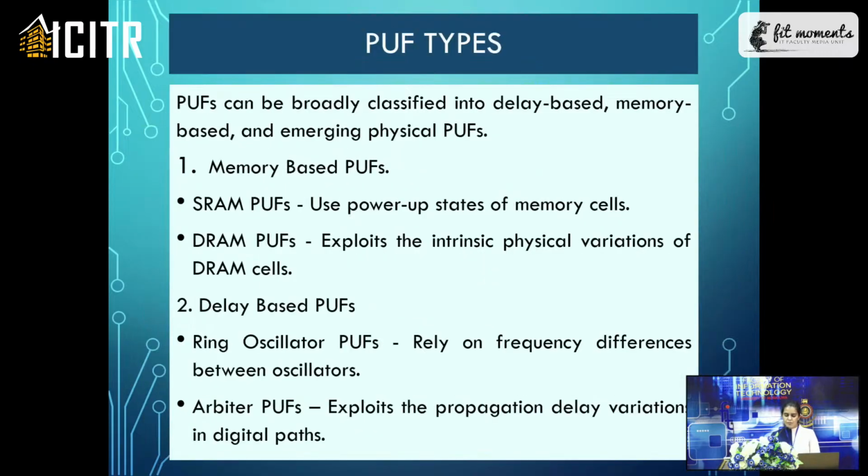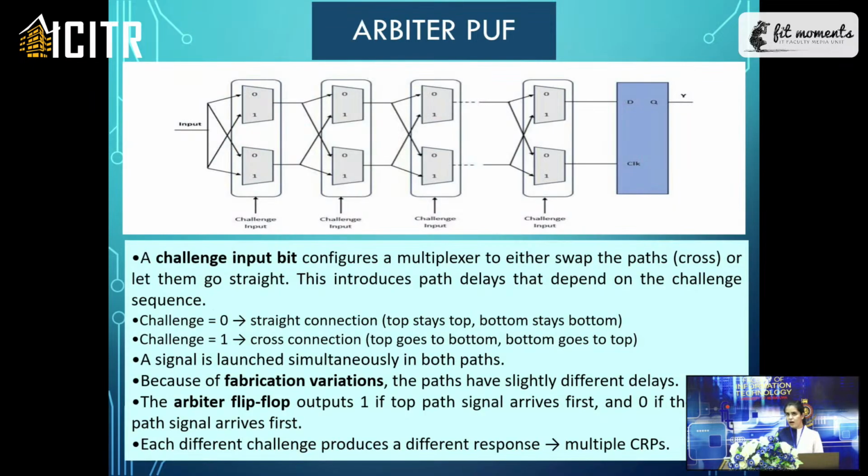There are different types of PUFs, such as delay-based, memory-based, and emerging physical PUFs. For my design, I used an arbiter PUF because it is purely digital and a lightweight design. Here in this diagram, you can see an arbiter PUF. In each stage, there are two multiplexers, and for each stage, one challenge input is given.